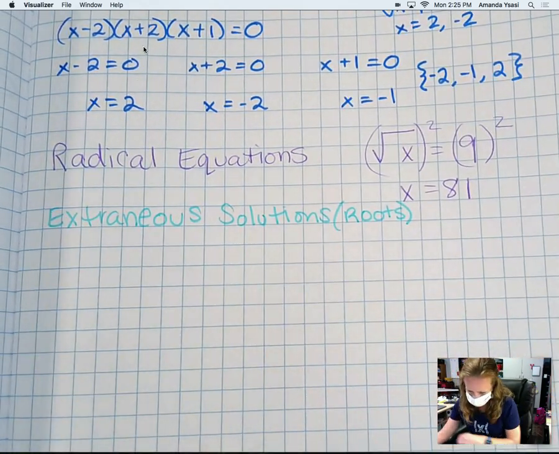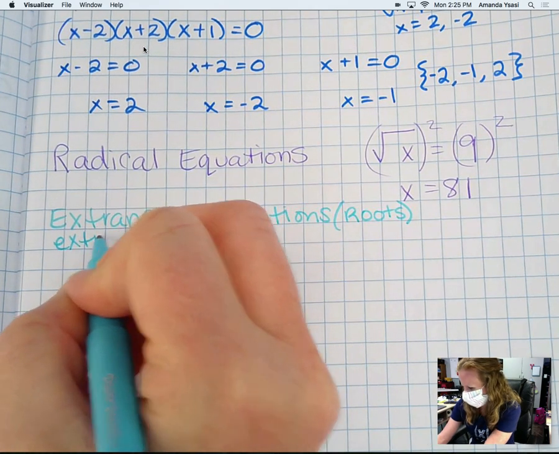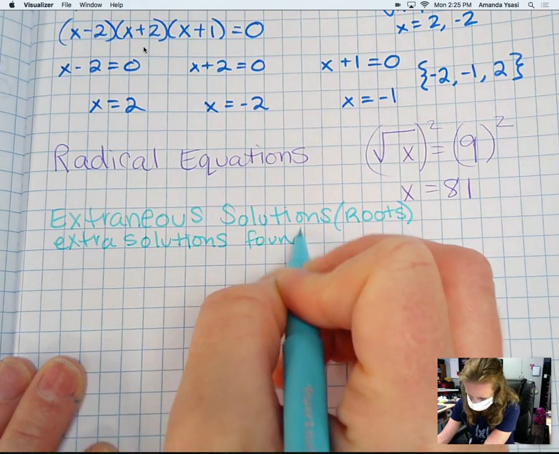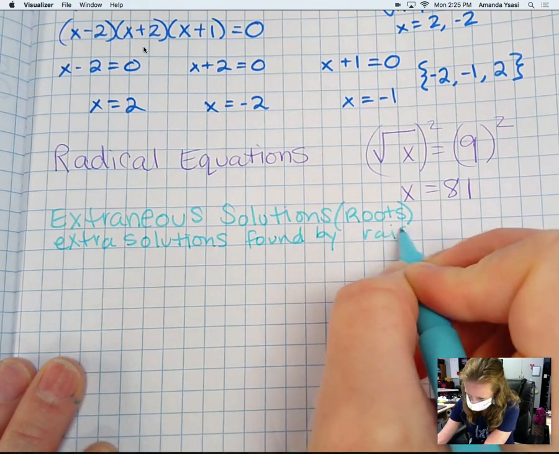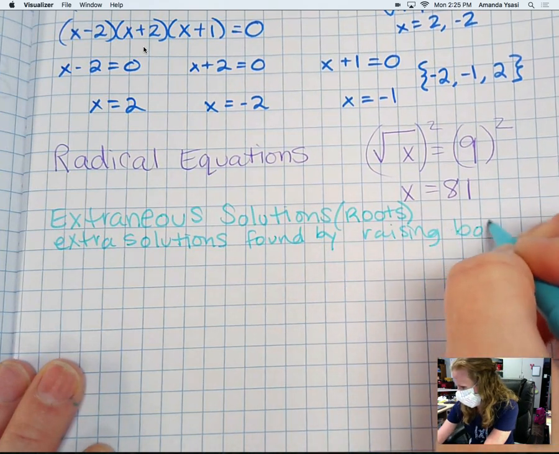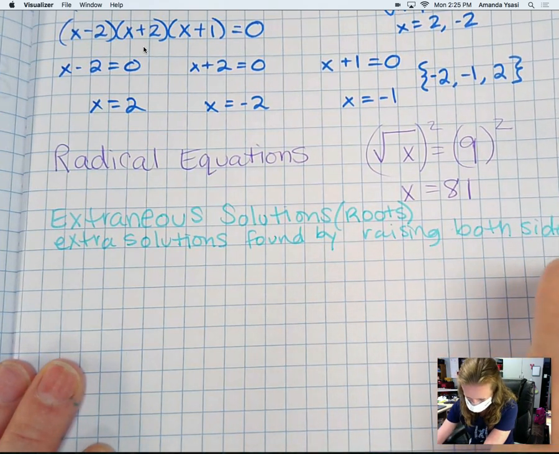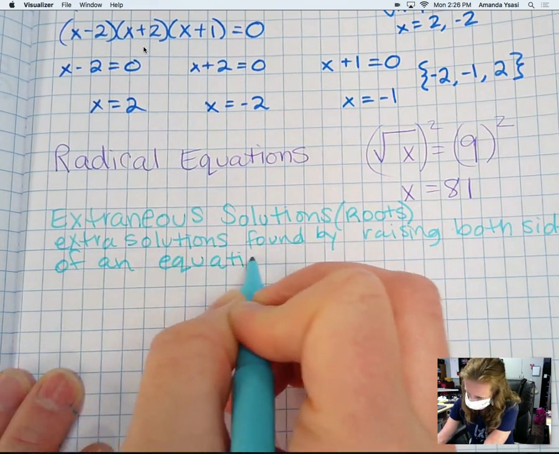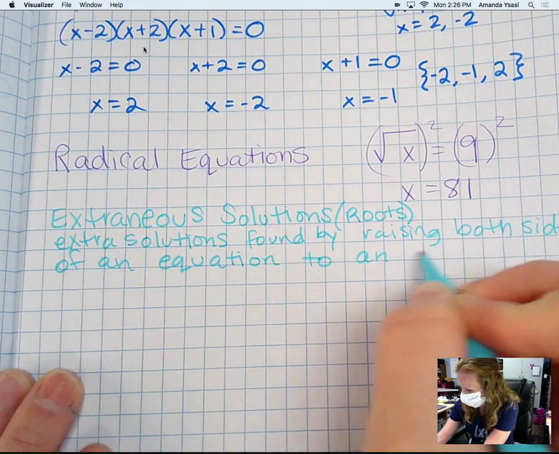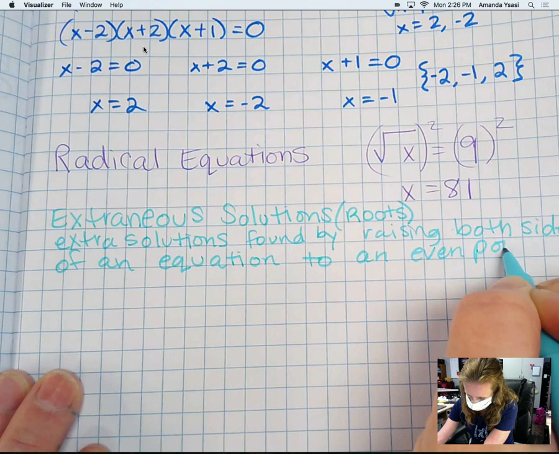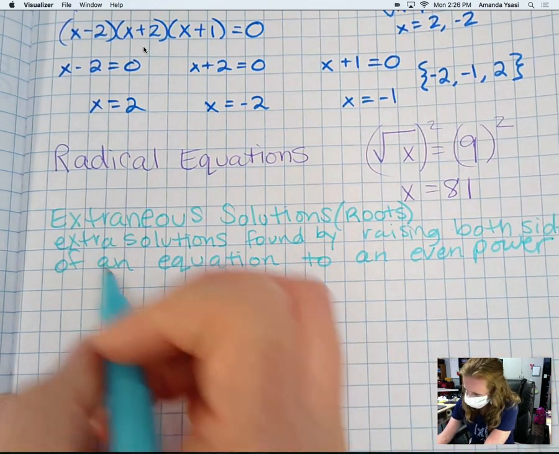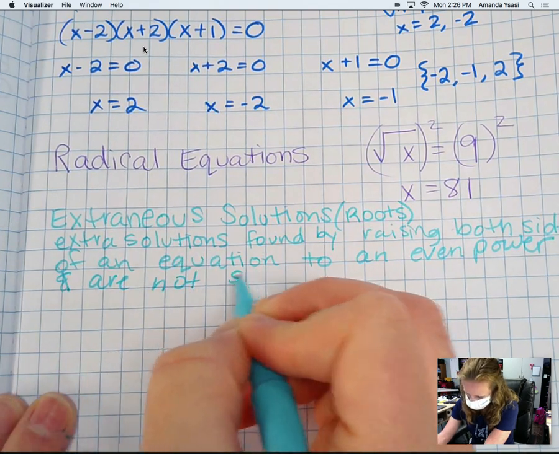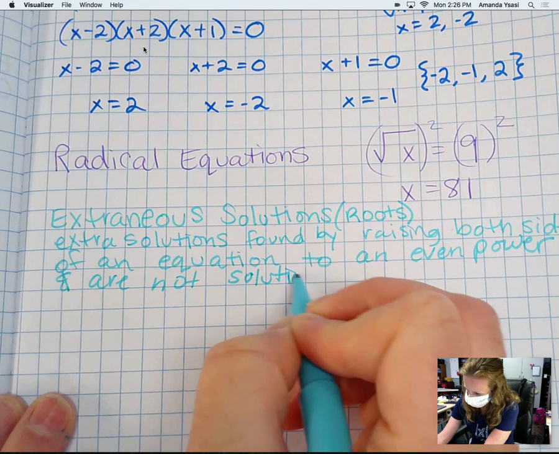Extraneous solutions are extra solutions found by raising both sides of an equation to an even power, and are not solutions to the equation.